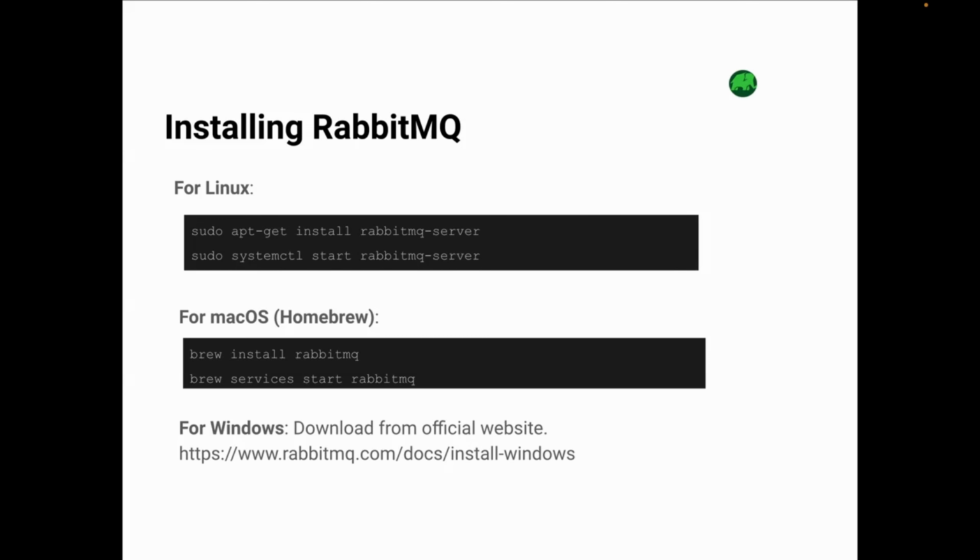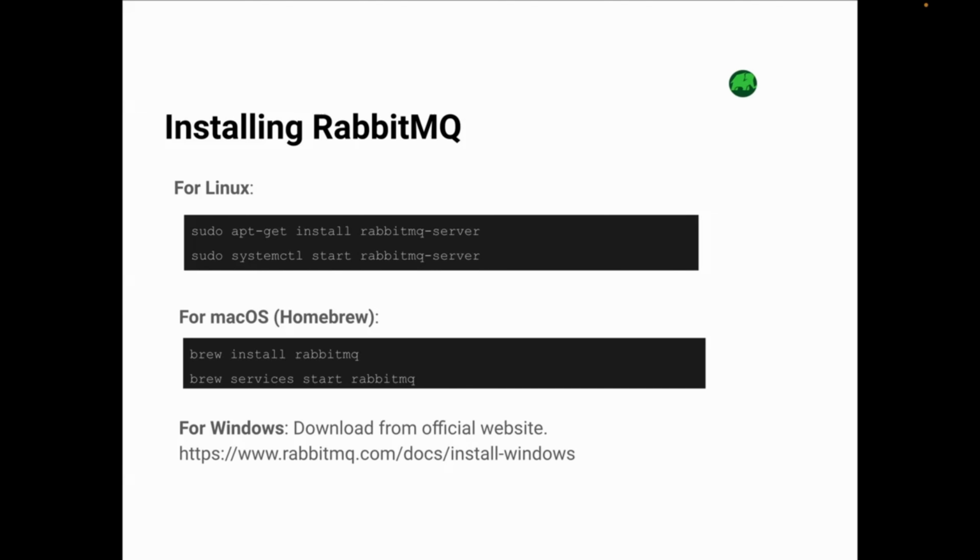Now, for all the Mac OS users, you will want to use Homebrew to install RabbitMQ, which makes it super easy. Open your terminal and enter brew install rabbitmq. I use Mac OS and I already have RabbitMQ installed on my machine, so you can use the command as shown on the screen to install RabbitMQ on your own machine.